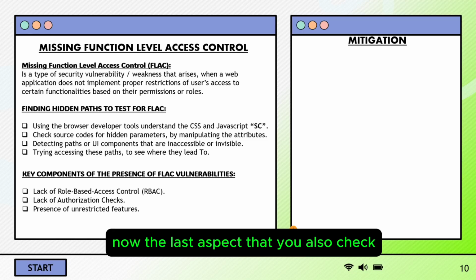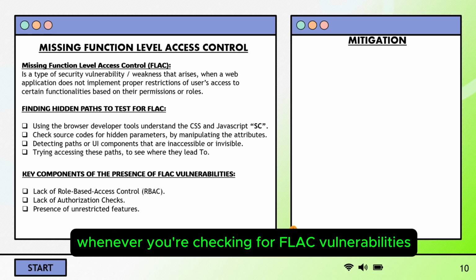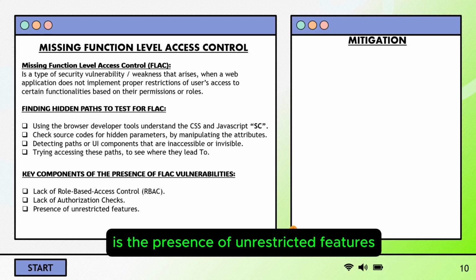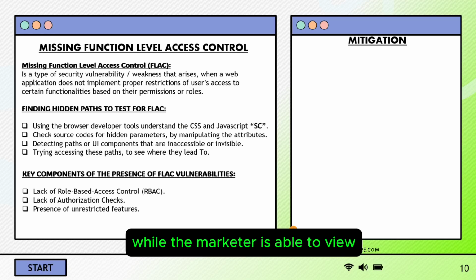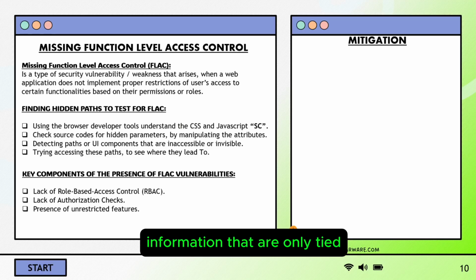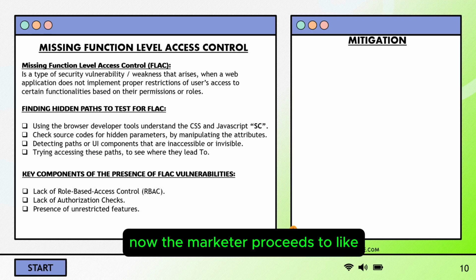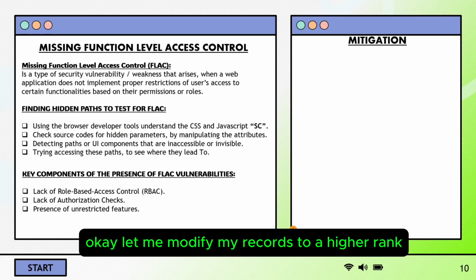Now, the last aspect that you also check whenever you're checking for FLAC vulnerabilities is the presence of unrestricted features. What are the unrestricted features we're talking about here? Let's say the marketer is able to view information that is only meant to be viewed by the HR. Now the marketer proceeds to modify their records to a higher rank.